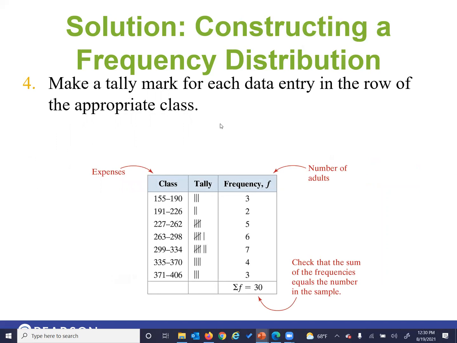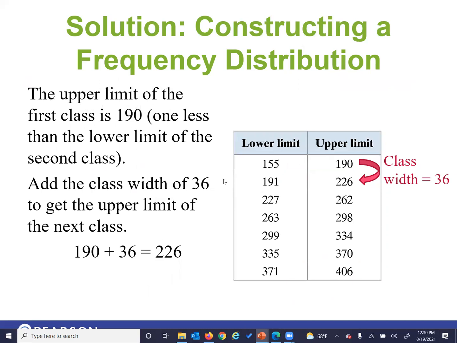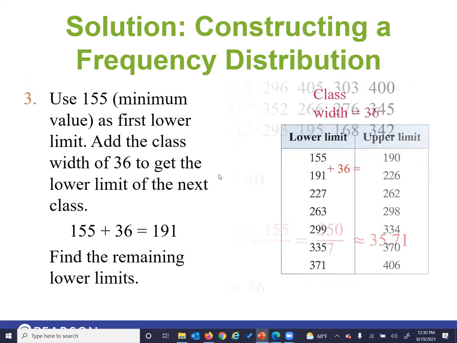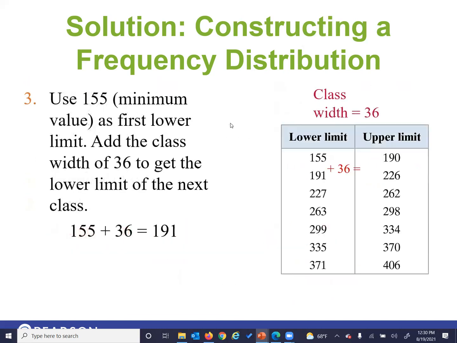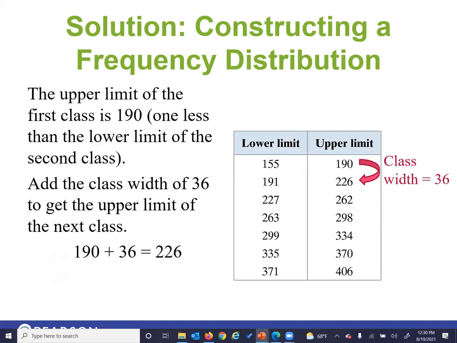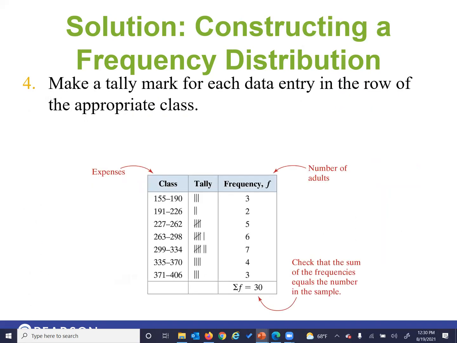Let's make sure that I have 30 numbers here. 1, 2, 3, 4, 5, 6, 7, 8, 10. Yes, so there were 30 data points I had, and as I count my frequencies, I'm back up to 30. Okay, and we made ourselves a frequency table.